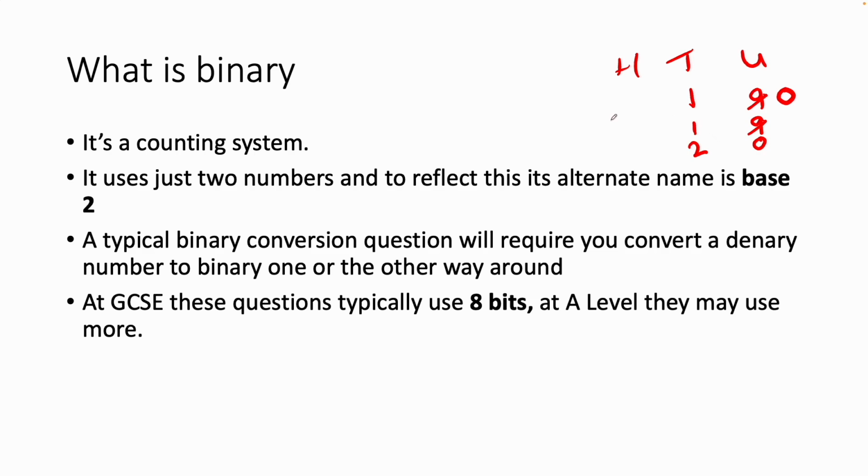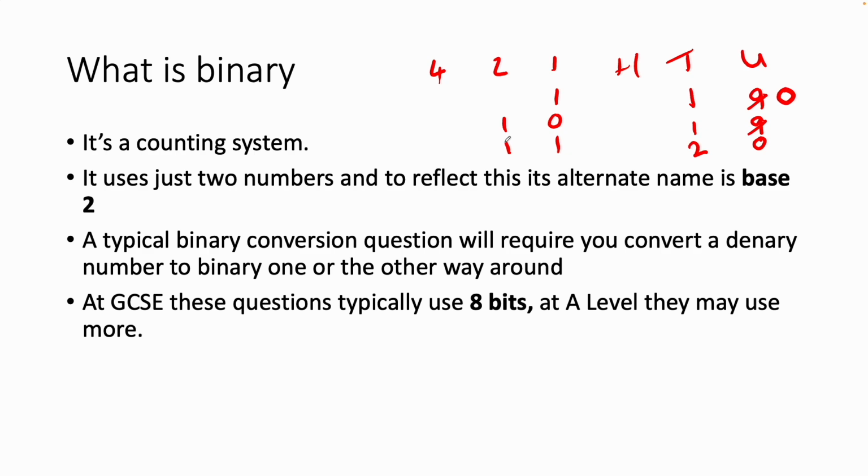Binary works in the same way, except you're going to have 1s, 2s, 4s, etc. And once you've got to 1, to get to 2, you're going to need this, and then to get to 3, you will need this. So you're just flowing over into the next column. And that's it really.